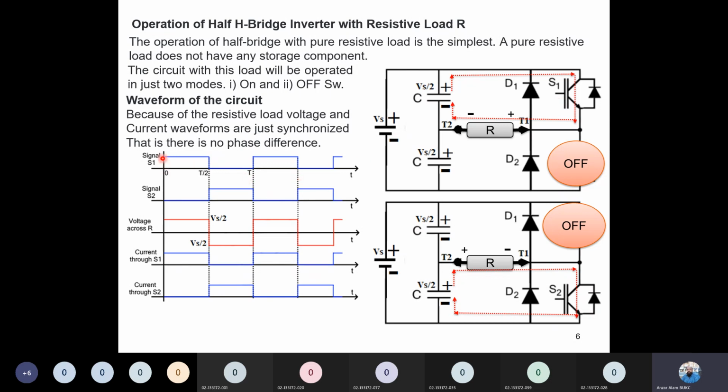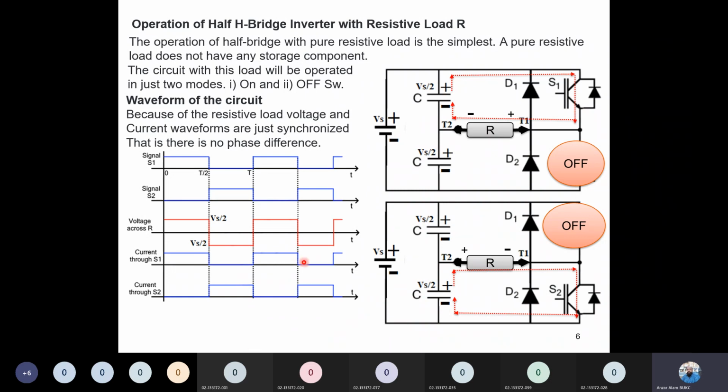So if S1 is on, the current through S1 will be positive. And when S2 is on, the current through S2 will exist. Okay? Now we have to see whether the current through S2 should be in the negative direction or in the positive direction.